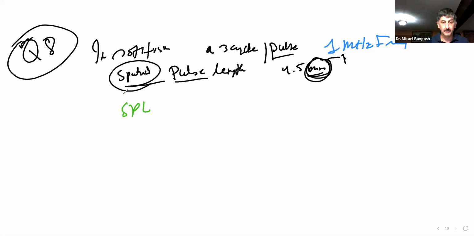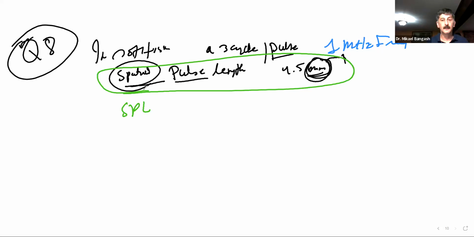If you weren't able to figure out that this was your spatial pulse length, you might end up doing a lot of unnecessary calculations and math and whatnot.